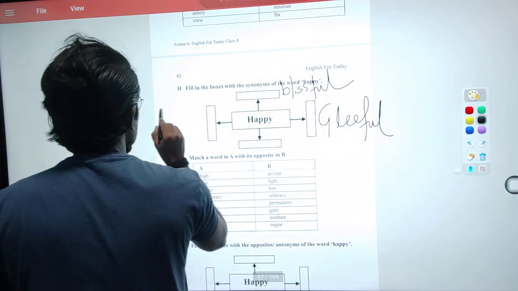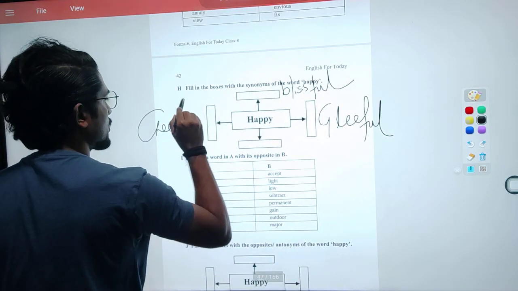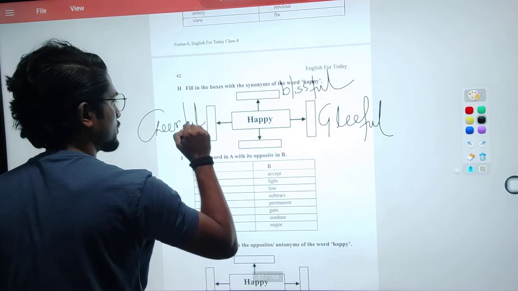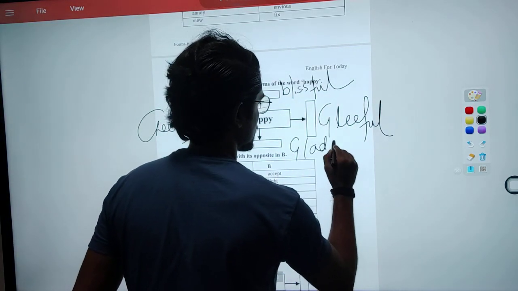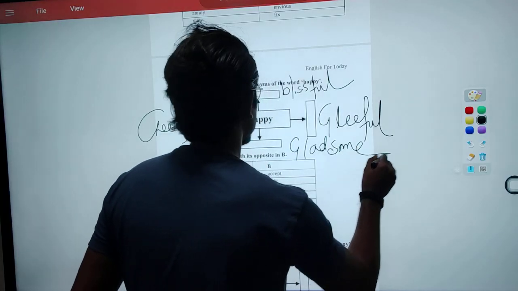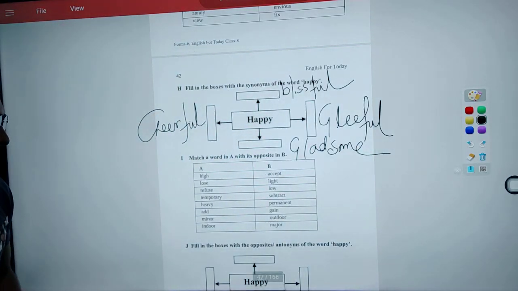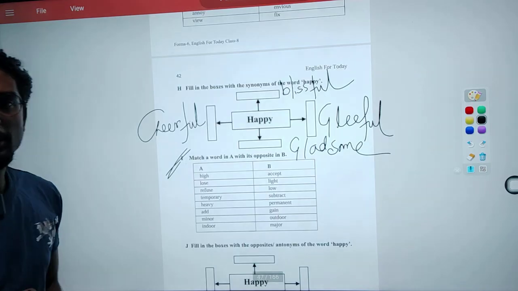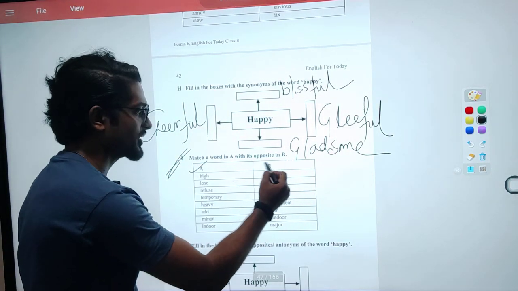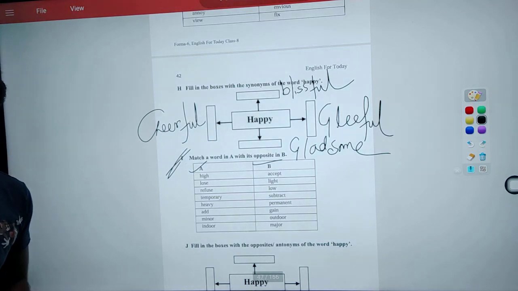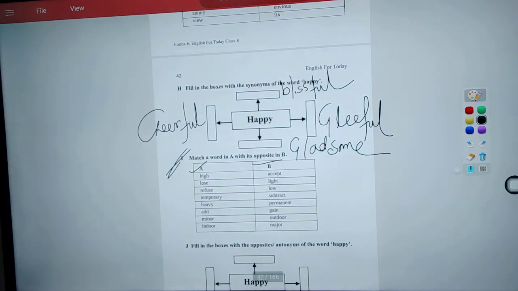The next one you can write cheerful. The next one you can write gladsome. Synonyms of happy. Let's match this one. Firstly, you try, then I will tell you. Firstly, try on your own.